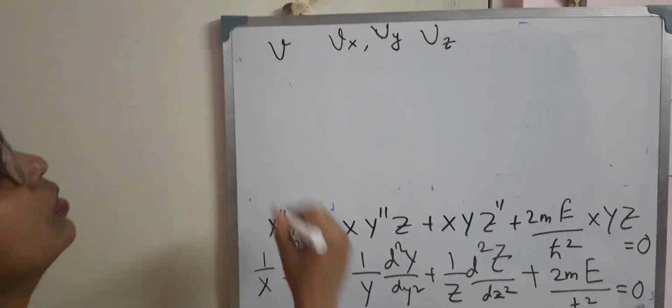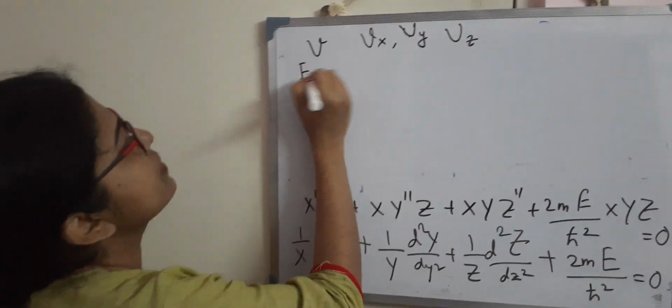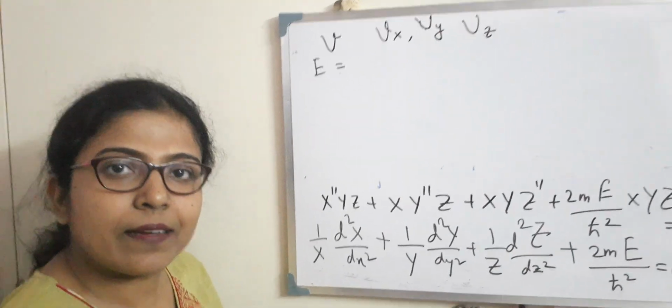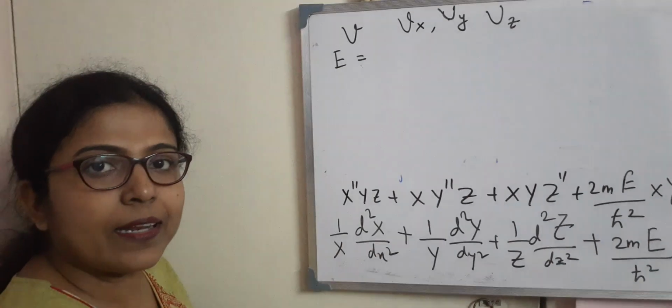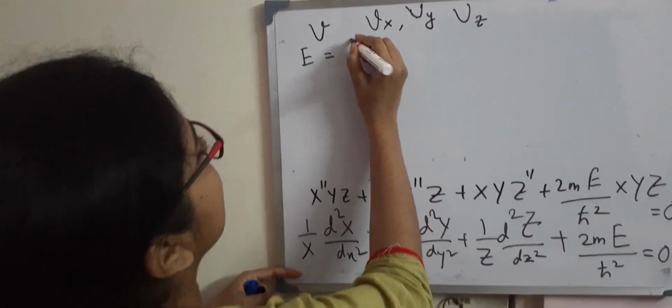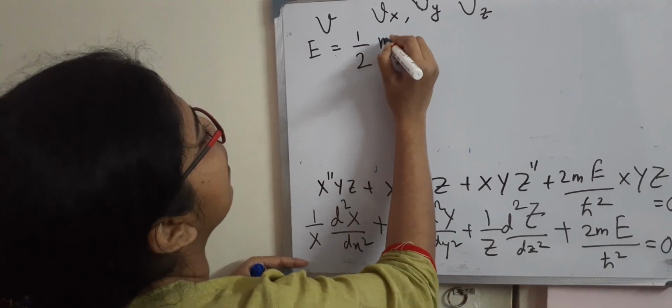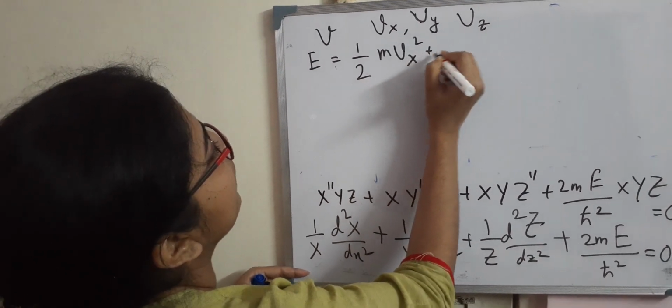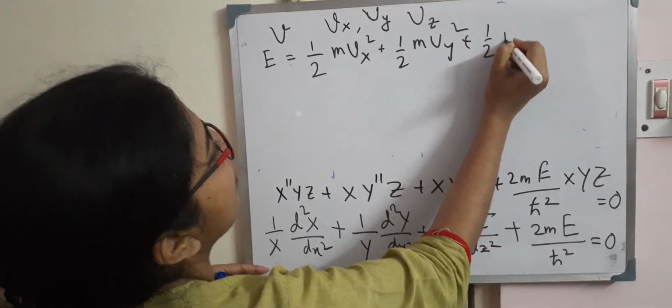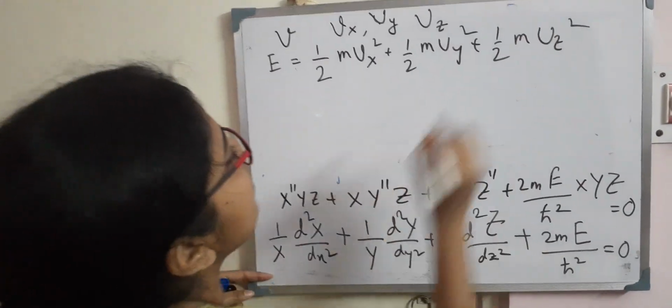So the energy will be the sum of the kinetic energy along the x direction plus y direction plus z direction. That is the total kinetic energy, and that is equal to this energy E of the particle since the potential energy is 0. So this will be half m vx square plus half m vy square plus half m vz square. This is how it will look like.